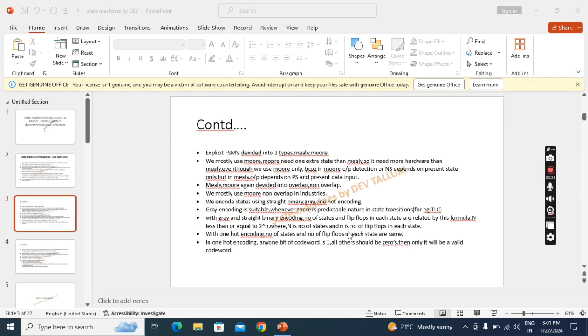This is applicable only with gray and straight binary. But when we take one hot encoding, number of states and number of flip-flops in each state are both the same. In one hot encoding, any one bit of the code word is 1. Remaining all other bits should be 0. Then only it will be a valid code word.